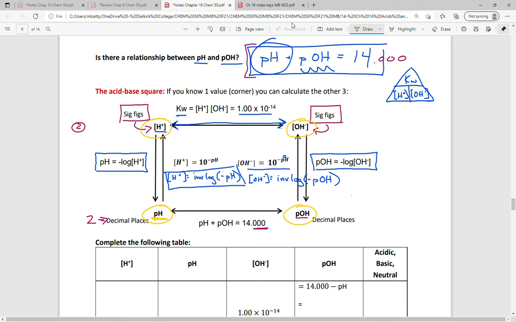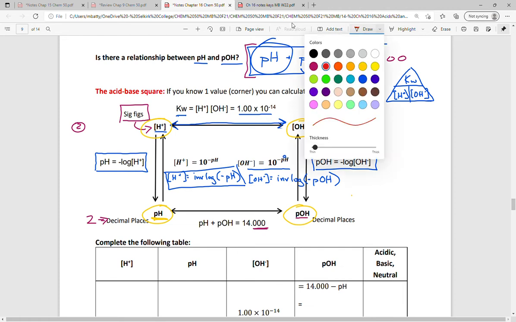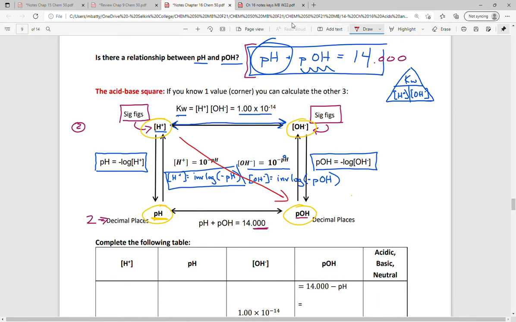If you didn't want to do it in a multiple number of steps, you could go all the way around here. One word of warning here is that you cannot go across like that. That is impossible. You're not allowed to do that. That's not how this thing works.